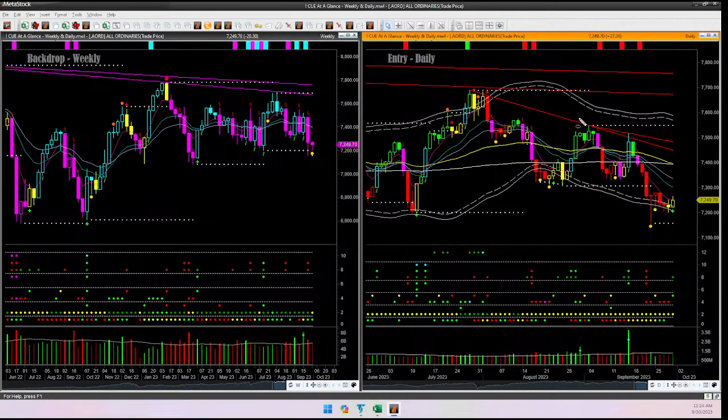When All Ordinaries was here, came to the trend line resistance, we would look to short, and indeed it came down from there. Those shorts were profitable. Then it came to the watermark support in daily and weekly, and stopped there.